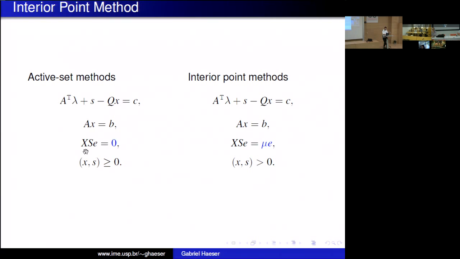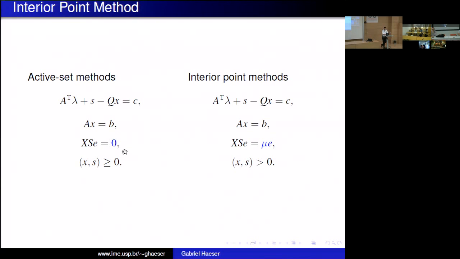With a basis, you only look at which of the x's are 0 and which are non-zero. So you may guess, okay, I will choose some xi to be 0 or some other si to be non-zero.